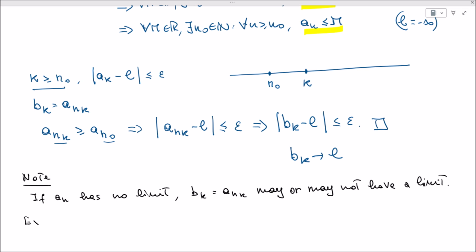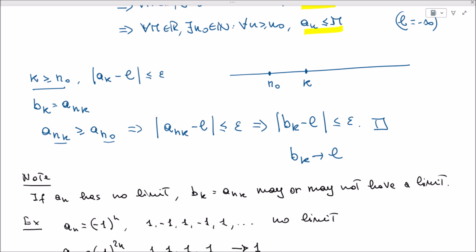As an example, consider the sequence an equal to minus 1 to the n. We know that this sequence is 1, minus 1, 1, minus 1, 1, and so on, so it has no limit. If we then consider the subsequence a_2n equal to minus 1 to the 2n, this subsequence is 1, 1, 1, 1, which is always 1, so it tends to 1 and has a limit.